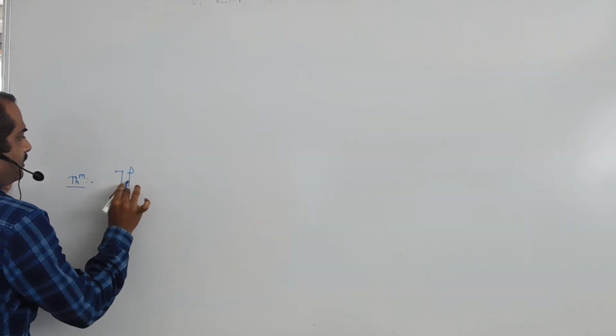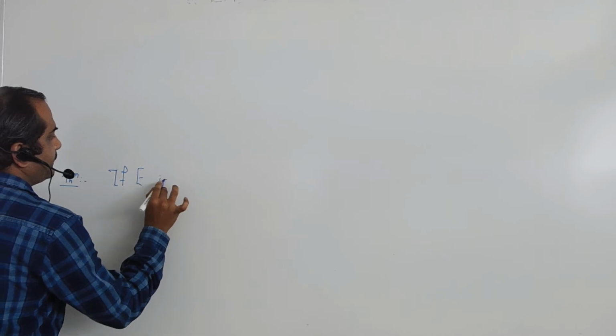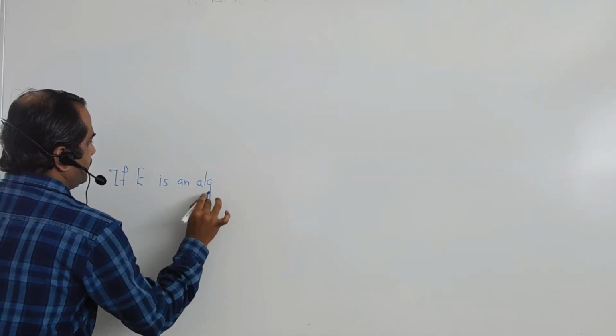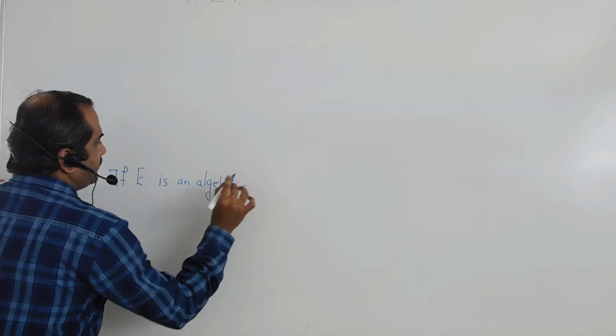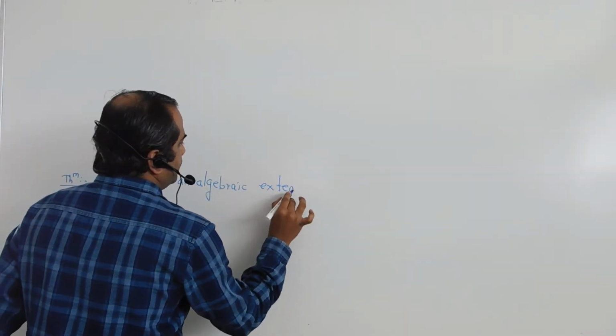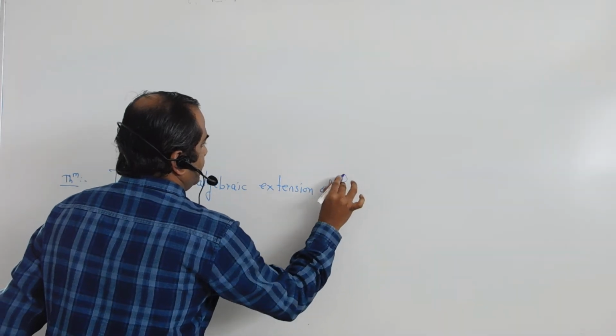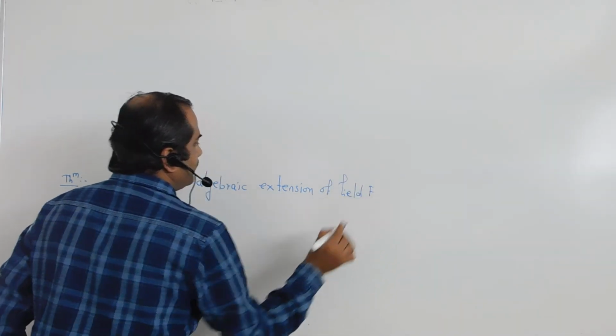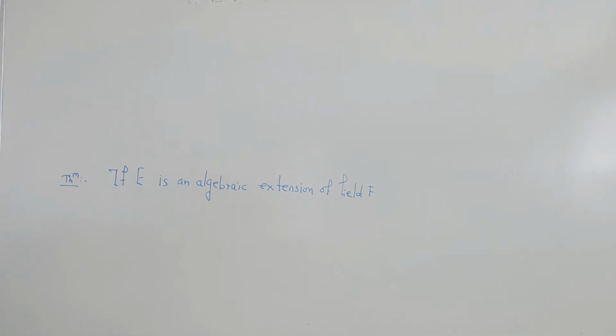If E is an algebraic extension of a field F, so F is a subfield of E, then there exists an extension F bar, and it is algebraically closed.